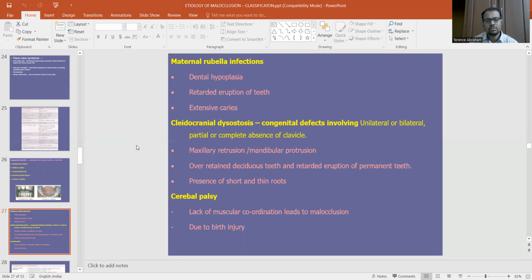The roots of the teeth may be thin. These are the various features of cleidocranial dysostosis, a common syndrome present during the embryonic or developmental period. If there is trauma to the child, it leads to cerebral palsy, that is hypoactivity, lack of muscular coordination, and it occurs during birth injury.